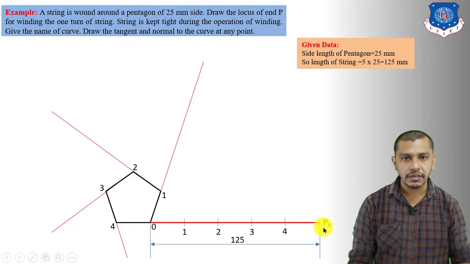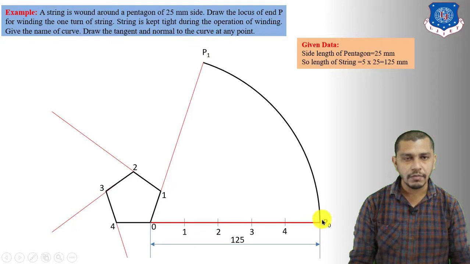After extending these edges, measure 0 to P0 on the rounder and, with 0 as center, give an arc. You will get P1 over here, and the length between 1 and P1 will be equal to 1 to P0. Now measure 1 to P0 on the rounder, and by taking center at 1, give an arc.